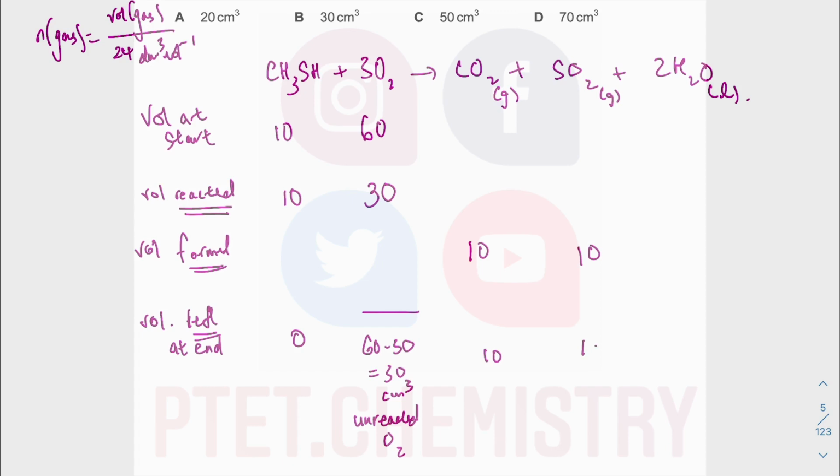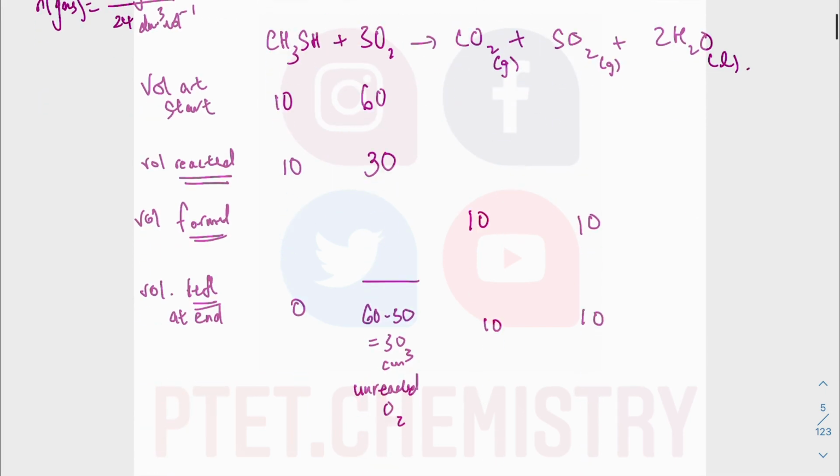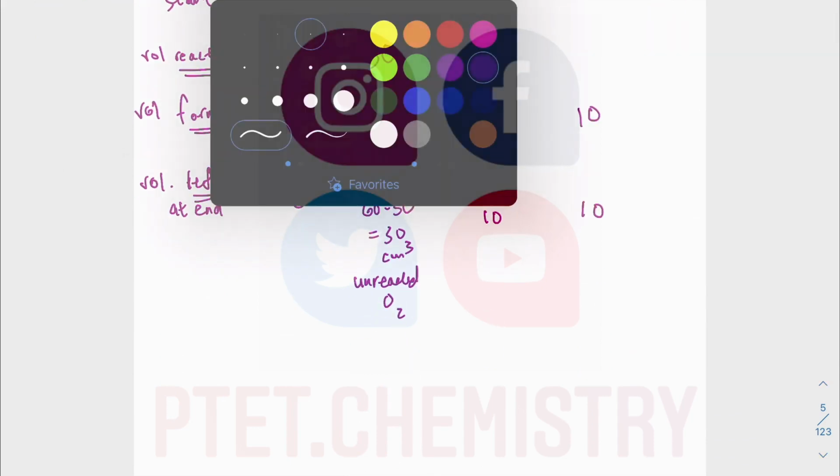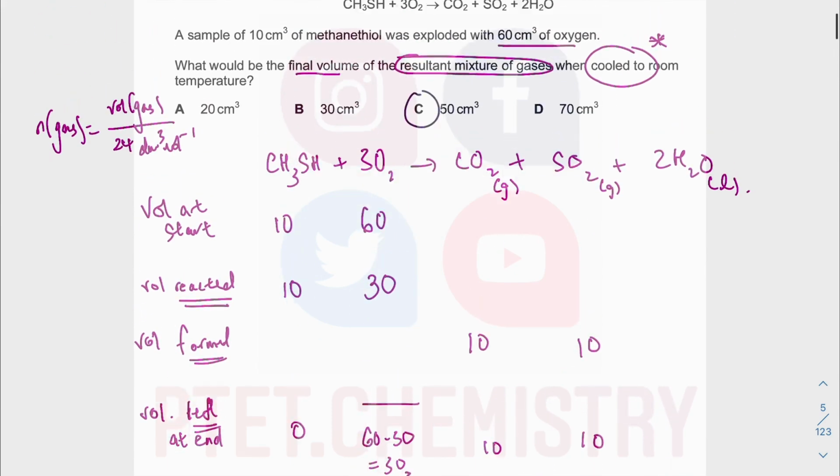You will have 10 cm cube of CO2 and 10 cm cube of SO2. Final volume, resultant mixture of gases. This is not a gas at room temperature and pressure, it's a liquid. So therefore, what we are looking at really is 30 plus 10 plus 10, which is 50 cm cube. Okay, so we're just looking at that 50 cm cube.